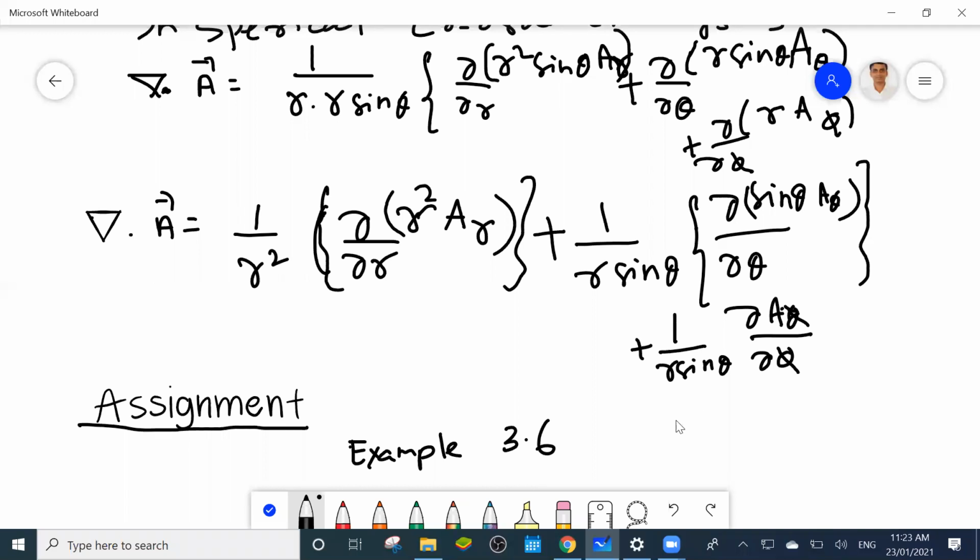Then practice exercise 3.6. So all of you write these things in your note copy. Don't ask later which are the assignment questions.